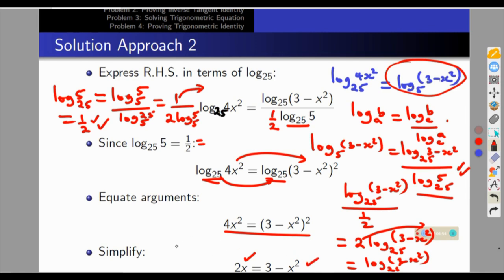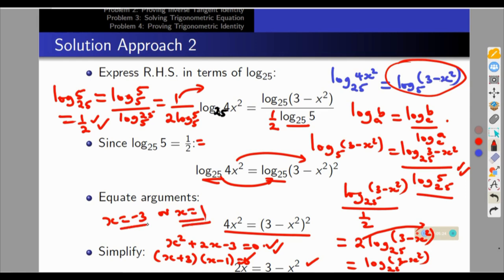So try to arrange this, and you will have x squared plus 2x minus 3, which is equal to 0, which is the same expression as we got in the first approach. So you realize you can have this as x plus 3 into x minus 1, which will be equal to 0, giving you the values of x as negative 3 or x as positive 1.